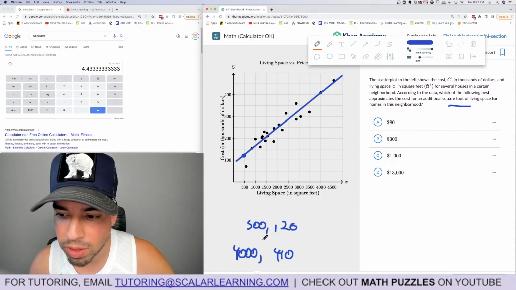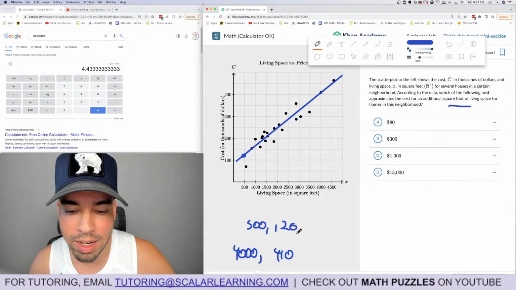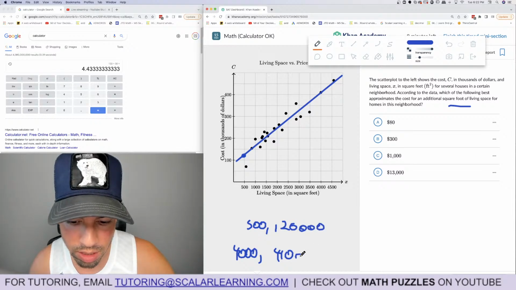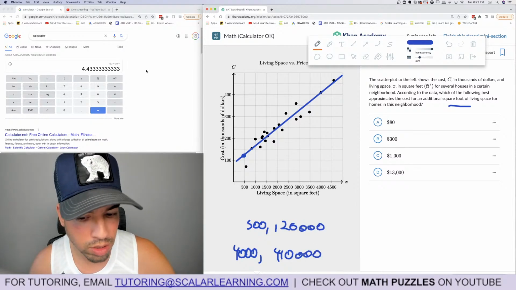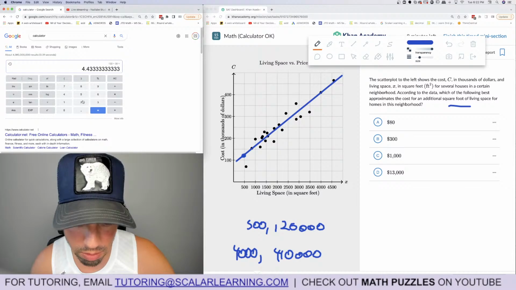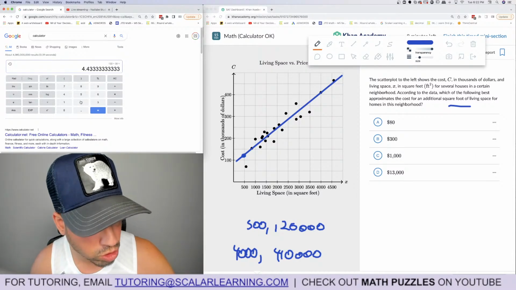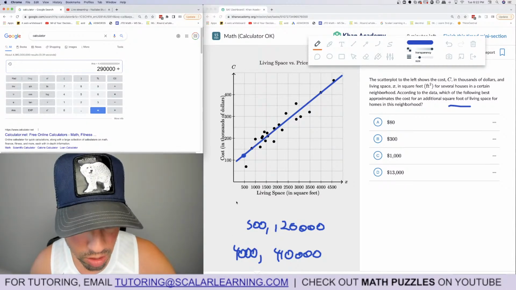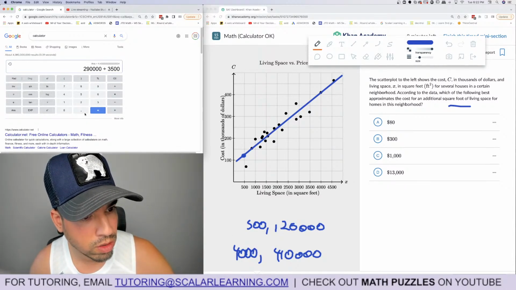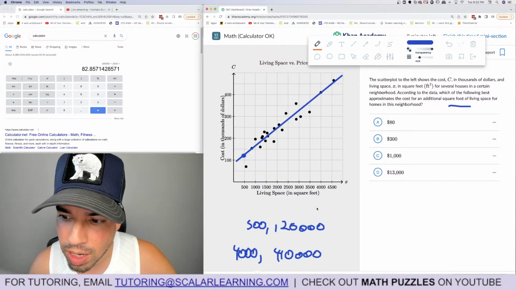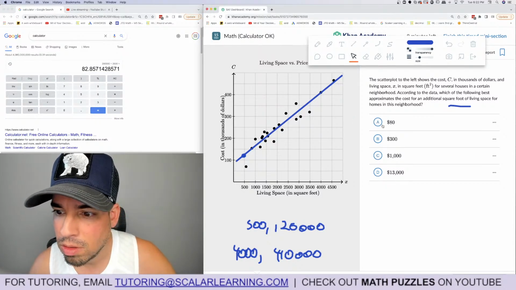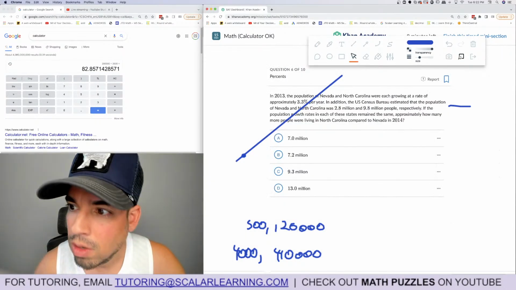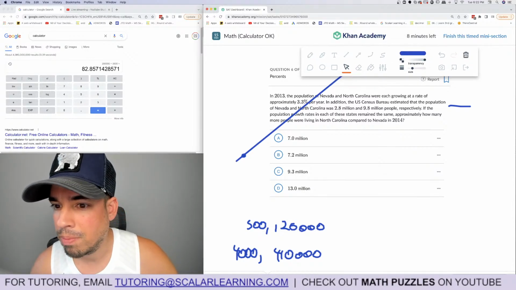It's cost over that, and it's not in thousands, so we actually have to do this in the actual value. So let's calculate the slope. We do 410,000 minus 120,000, which is 290,000, over 4,000 minus 500, which is 3,500, and that is about $80. A is the winner. Done. 8 minutes left.